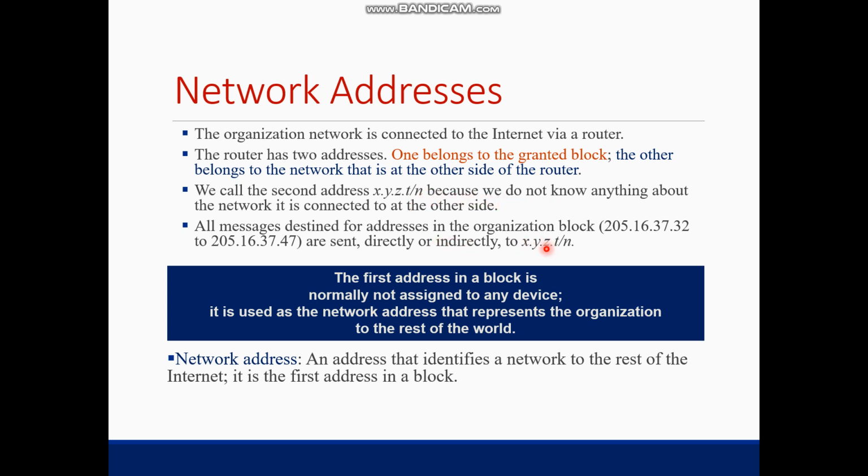This IP address is used in order to communicate with the rest of the internet. And as we said, the first address is not going to be given to any device inside our organization. It defines our network, so the rest of the internet is going to communicate with us using the first address.